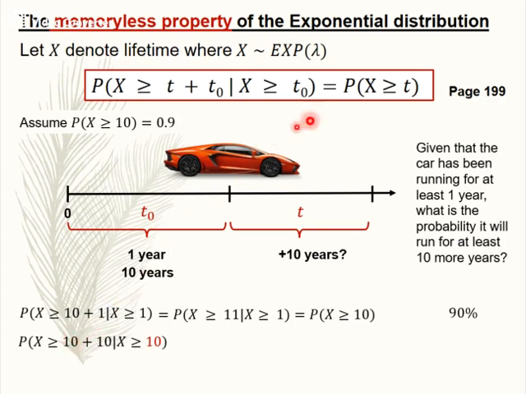According to the memoryless property, this is equal to the probability of x greater than or equal to t, and in this case, t is still 10. So that's equal to 0.9 or 90%. So in other words, if you know that my car's been running for at least 10 years, the chance of it running another 10 years is 90%.